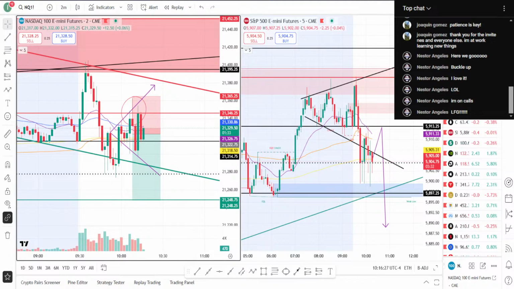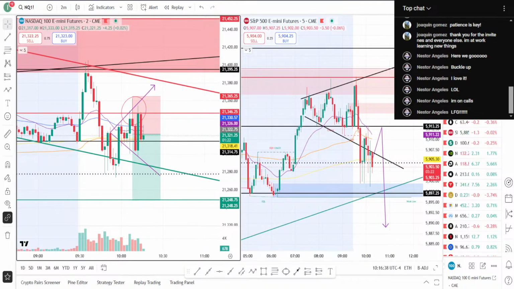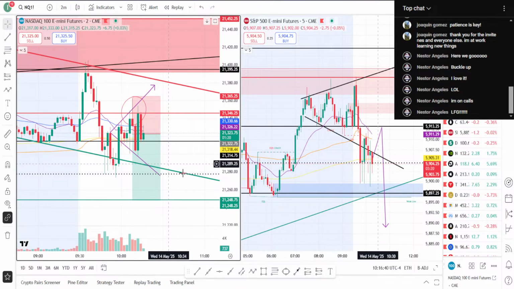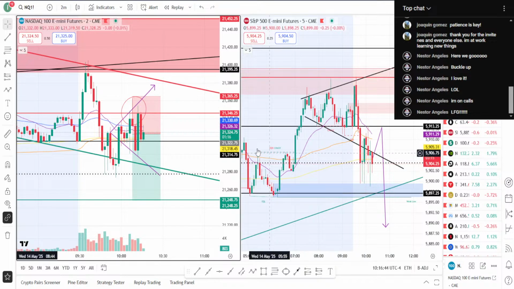I'm trying to push back up. No good, no good. If we get a second red candle here, it's a goner. Turn that green into a red, it's a goner.